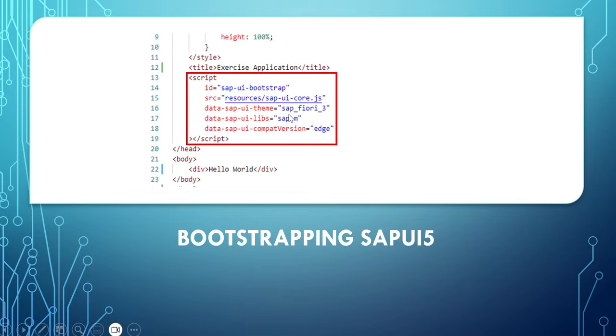So the first is SAP UI5 bootstrapping. If you add this SAP UI5 bootstrapping, it will configure certain configuration options. On top of that, it will load and initialize the SAP UI5 libraries. It's a typical bootstrapping script tag used to load the sap-ui-core.js file.